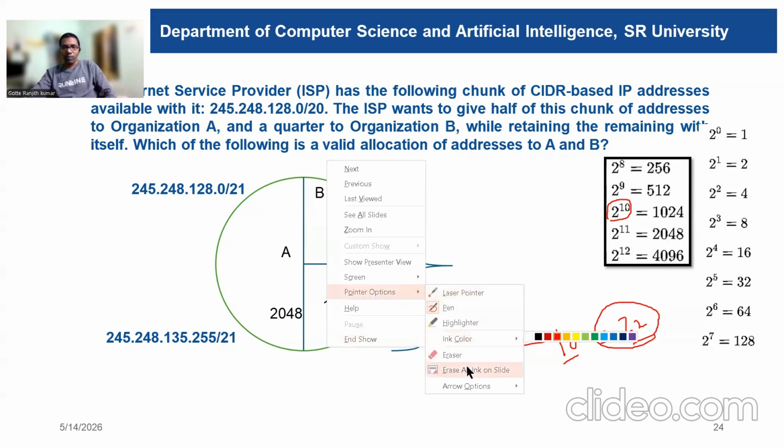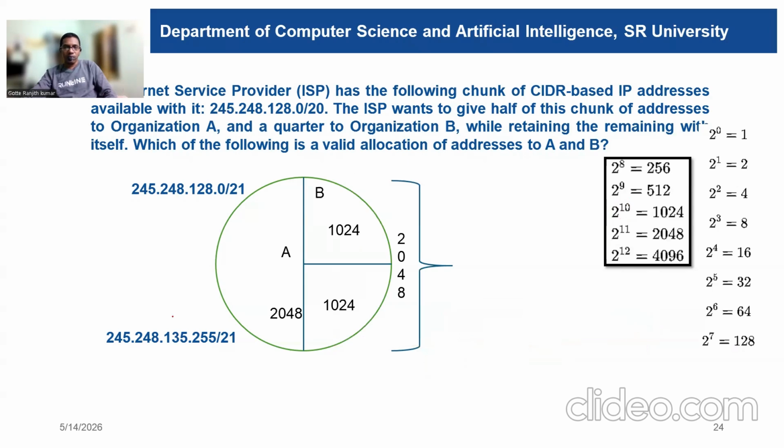Now for the first address, here the last address was 135, so automatically the next one is going to be 136.